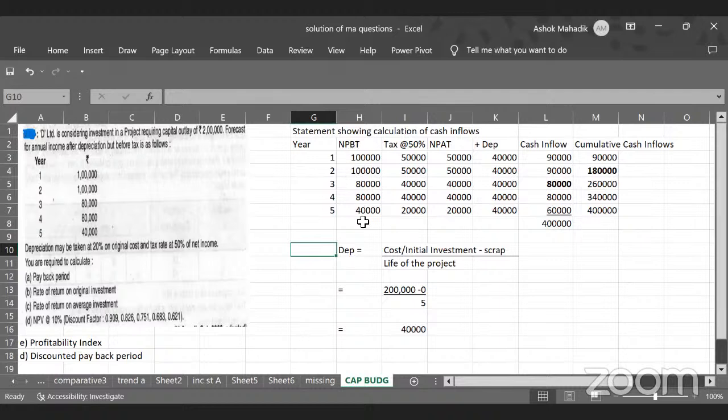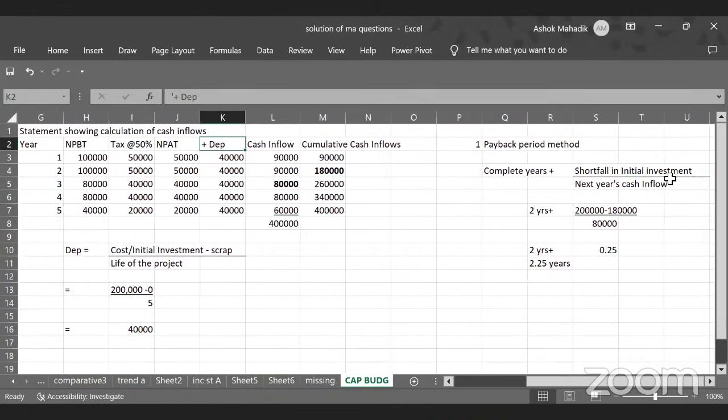So we started with net profit before tax. We deducted tax at the rate of 50%. We got NPAT. To get cash inflow, we have to add back depreciation, as depreciation is a non-cash expense. For that much is saving in the company itself. So we added depreciation to NPAT. We got cash inflow. Then we had one more column, that is the cumulative cash inflow column.